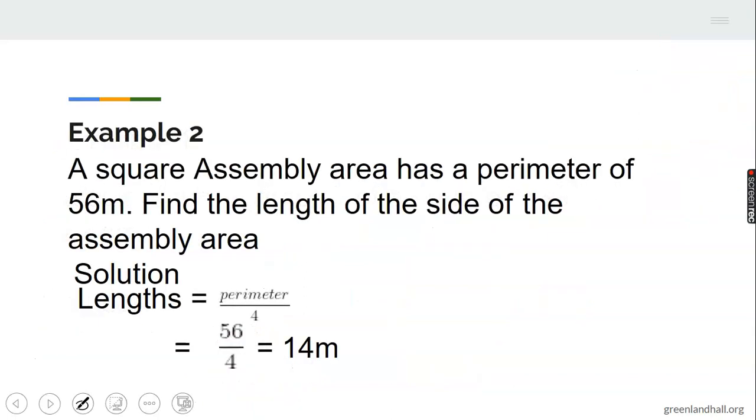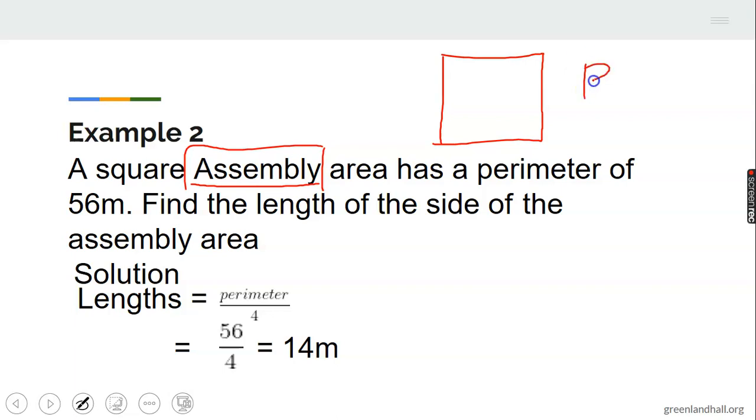Another example is a square assembly. You can see that the assembly area is in the shape of a square. A square assembly area has a perimeter of 56, that is P equals 56 meters.